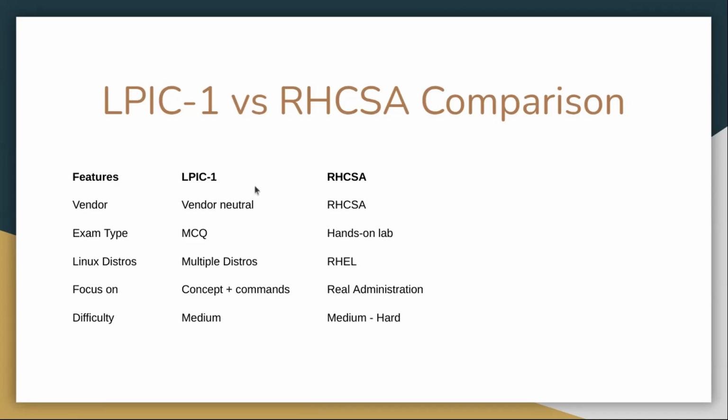But if you want to pass the RHCSA exam, then you have to stick with the Red Hat Linux operating systems. The exam type of LPIC is MCQs, and the RHCSA exam type is hands-on labs. LPIC supports multiple Linux distributions, but RHCSA supports Red Hat Enterprise Linux, RHEL.